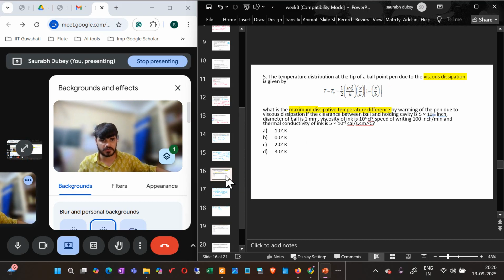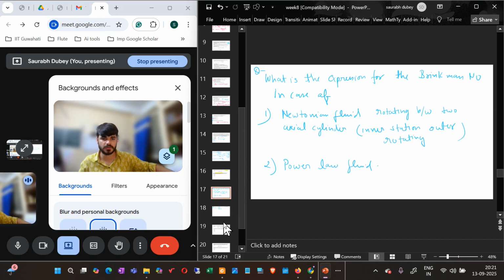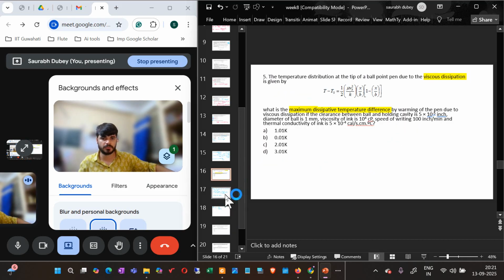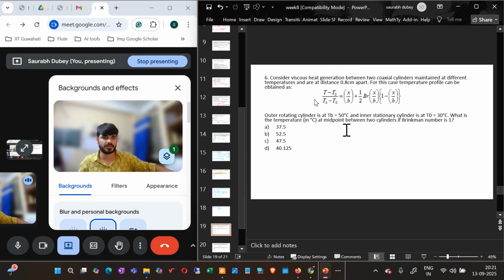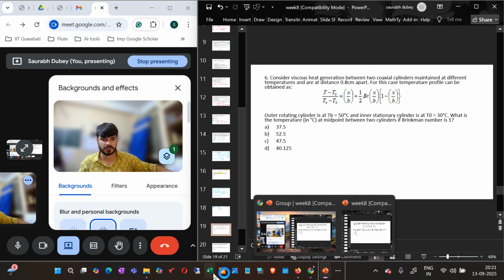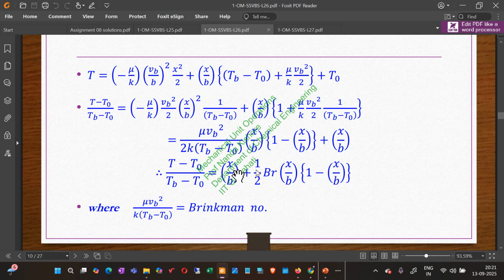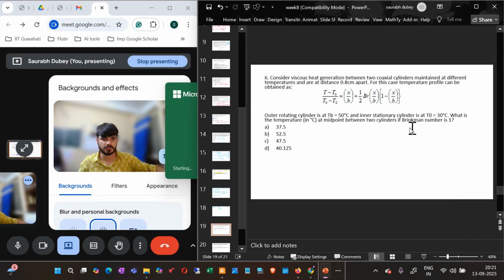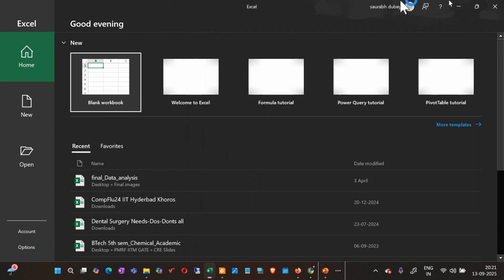I think we have already done, okay, we have solved it. No, we have not solved it. But let us solve it, because this derivation we just did, right? Yes, this derivation we have just done. So let us close it.